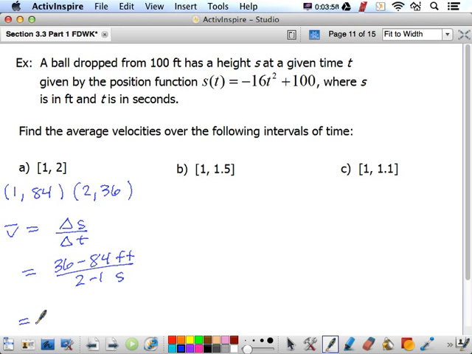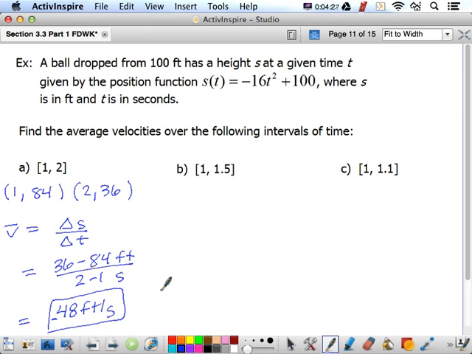And that equals? 48 over 1? So 48 feet per second. That's how you find the average velocity. It's negative though, right? Velocity is a signed number, so we have to leave it there. Speed isn't, but this is velocity. So it's negative 48 feet per second because it's falling towards the ground.